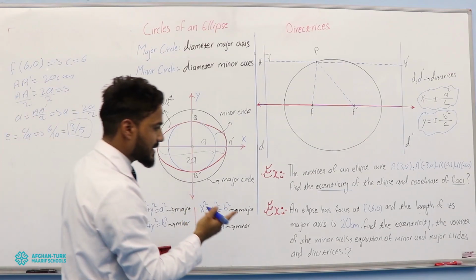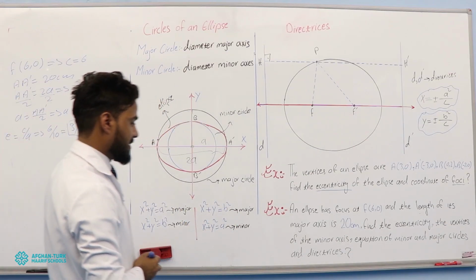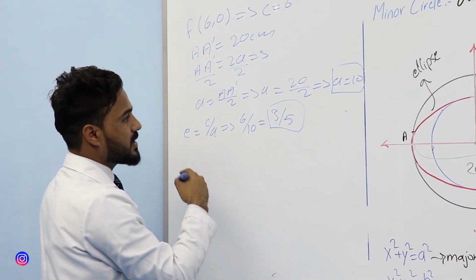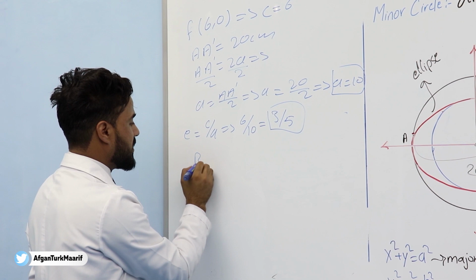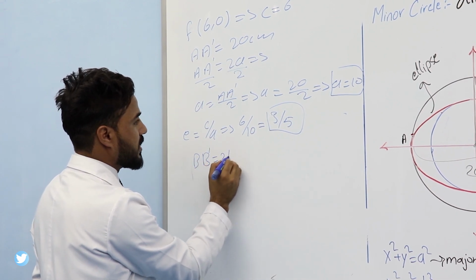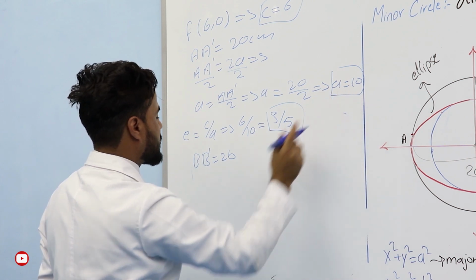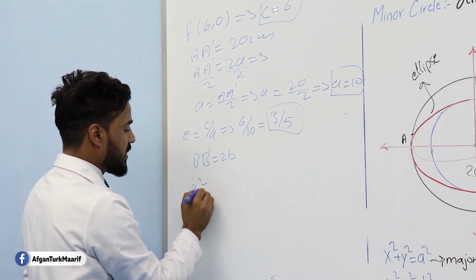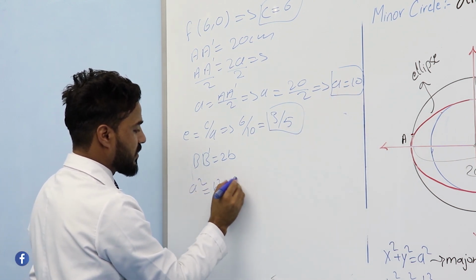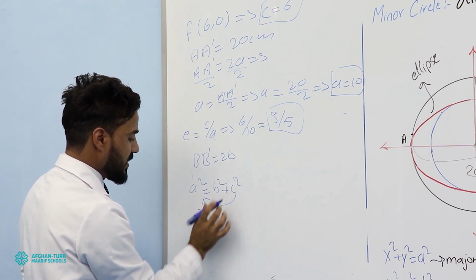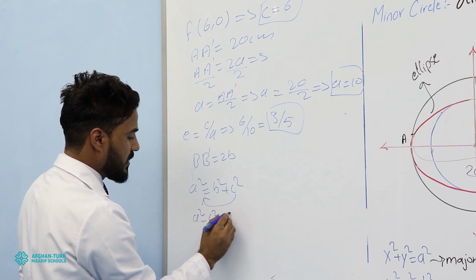And also the question asked us, find the vertices of the minor axis. So the minor axis is equal to 2B. BB prime is equal to 2B. So in here we have the values of C and A. So we can find B. A square is equal to B square plus C square. When we move C square to this side, A square minus C square will equal B square.